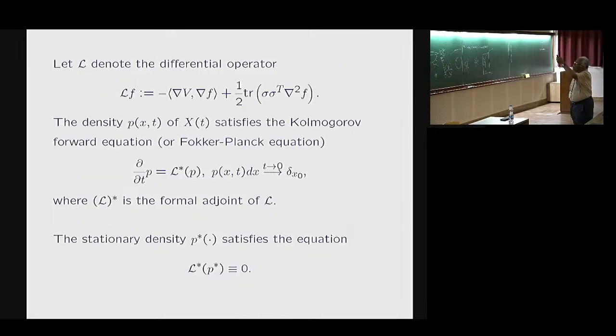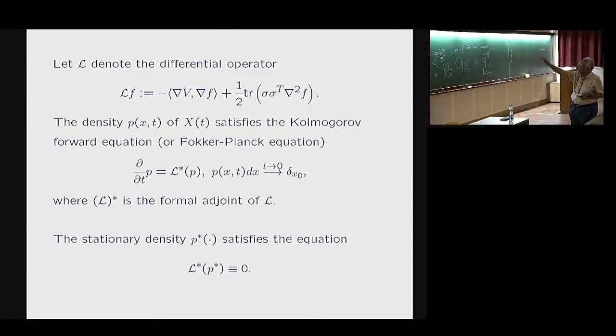So suppose script L is the differential operator, and that's minus grad V dot grad f plus half trace of sigma sigma transpose H f. Then p(x, t) satisfies this forward Kolmogorov equation.